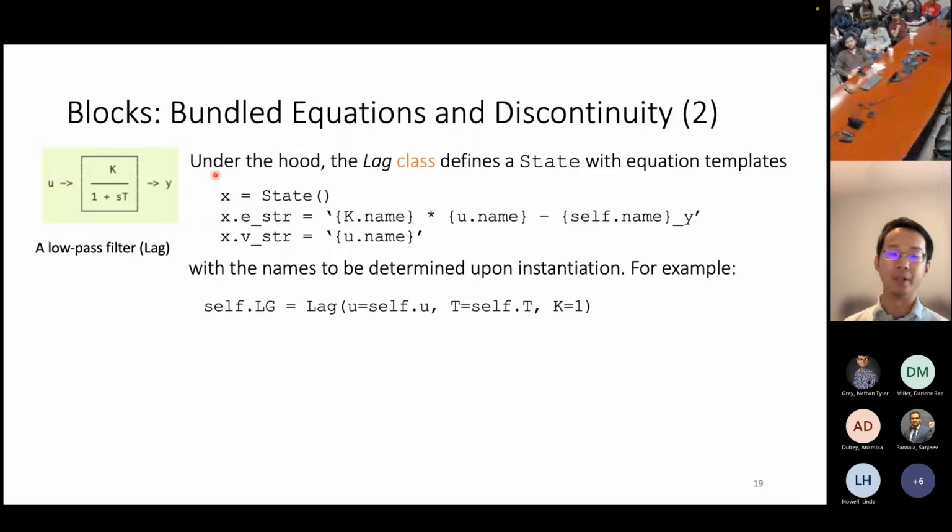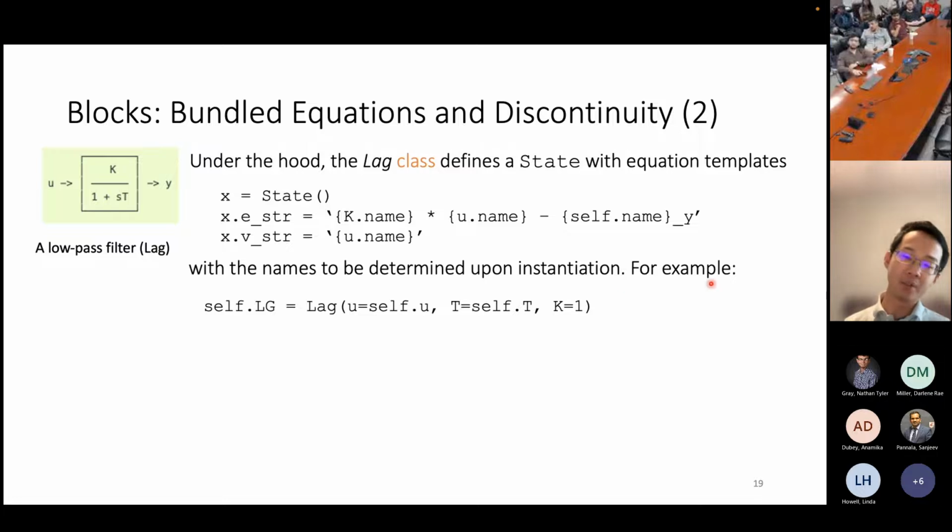Basically, under the hood, the lag class shown here defines a state with equation templates, because by the time we define this lag class, we don't know how it's going to be used, but we know what the equation looks like. So internally, it has a state, and the equation will contain those name templates where, for example, K's name, U's name, and its own name remain to be defined upon instantiation.